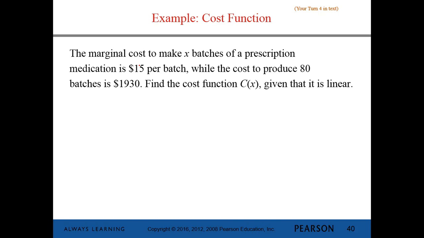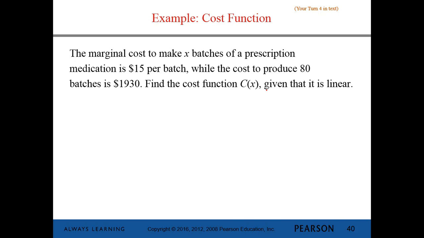We don't know how much a batch is, but let's just say it's $15 per batch, while the cost to produce 80 batches is $1,930. Okay, so let's see that. The marginal cost is $15 per batch, while the cost to produce 80 batches is $1,930. So it says find the cost function C of x given that it is linear.